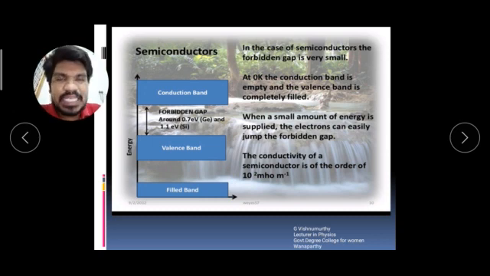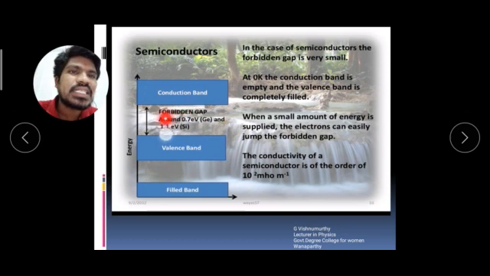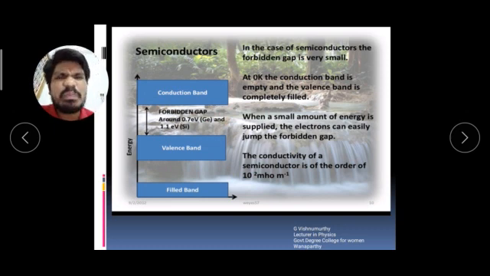Intrinsic semiconductor: if there is no doping in the semiconductor, or the semiconductor exists in purified form, it is called an intrinsic semiconductor. For example, germanium and silicon are pure intrinsic semiconductors. No impurities are added to them.